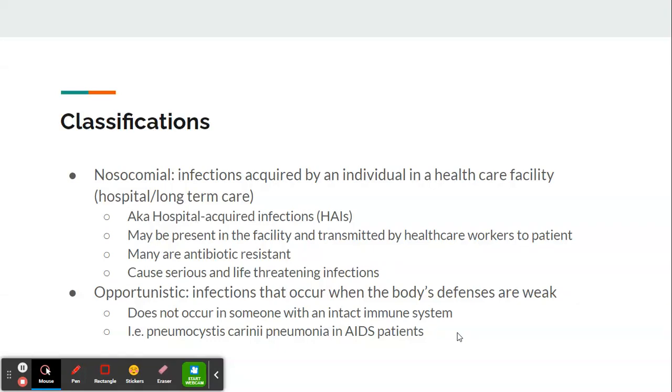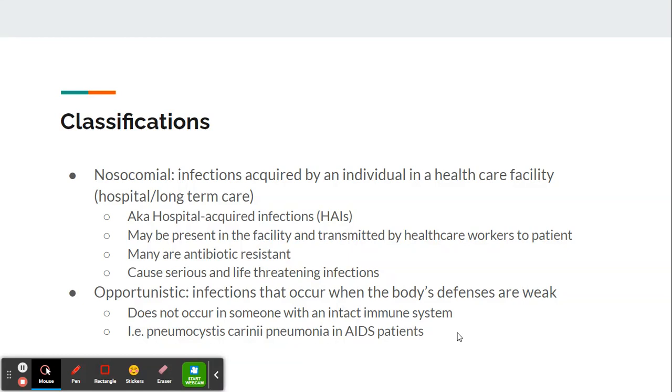So if someone is in the hospital for a broken leg and gets MRSA, one of those antibiotic resistant superbugs that might have been transmitted to them by a healthcare worker, now they've got a serious, potentially life threatening infection that came on while they were in the hospital and is not related to the reason they're there.